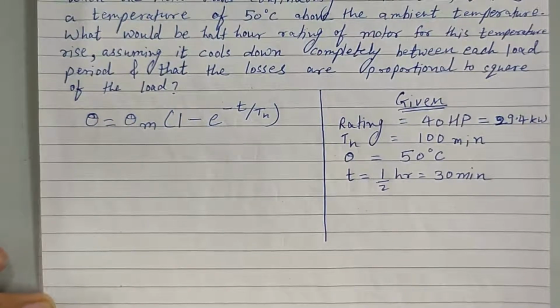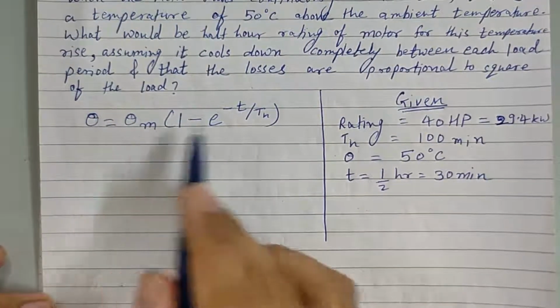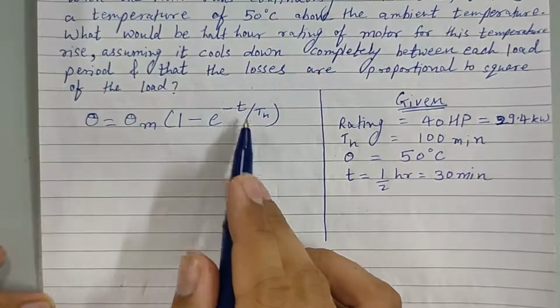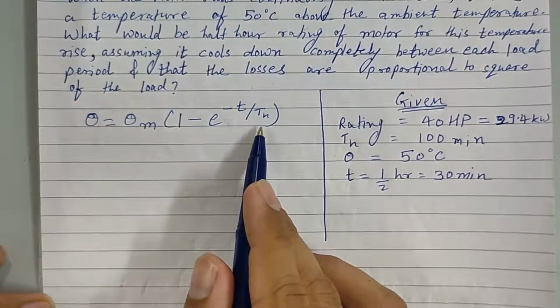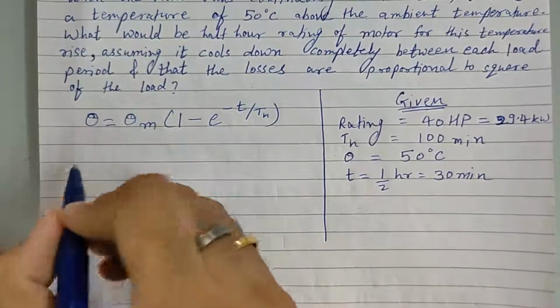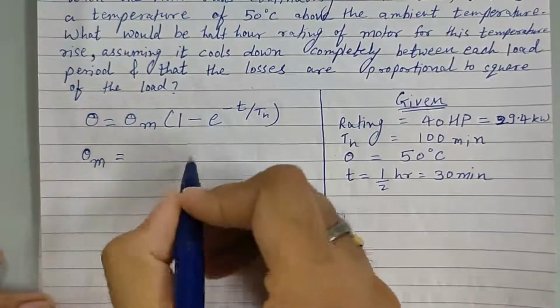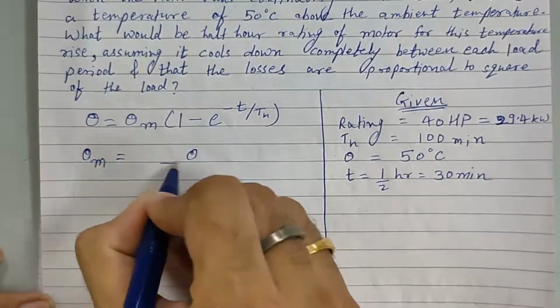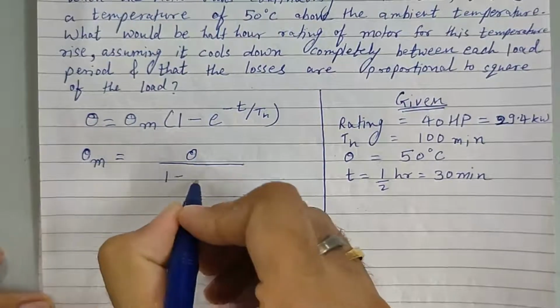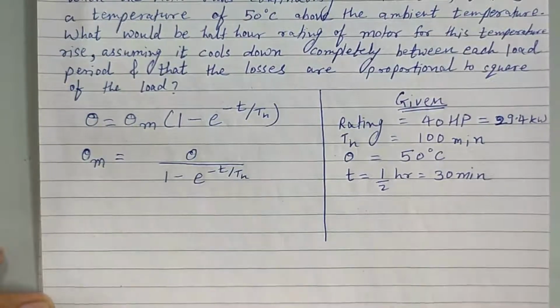Now we know the value of theta, we do not know the value of theta m, we know the value of small t and capital TH. So we will make theta m as the subject of the equation. So therefore theta m is equal to theta upon 1 minus e raised to minus t upon TH.